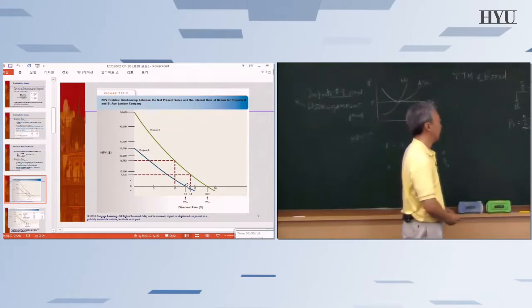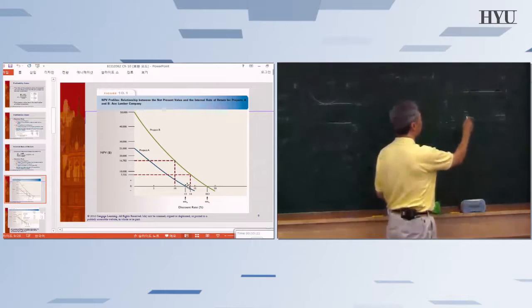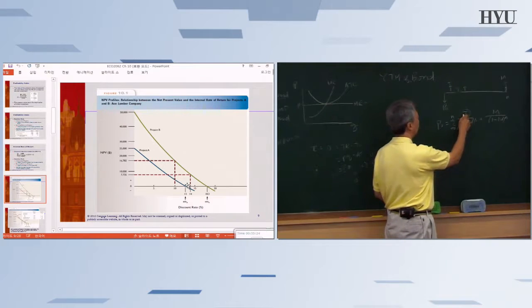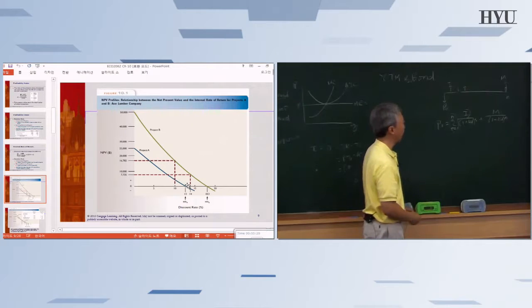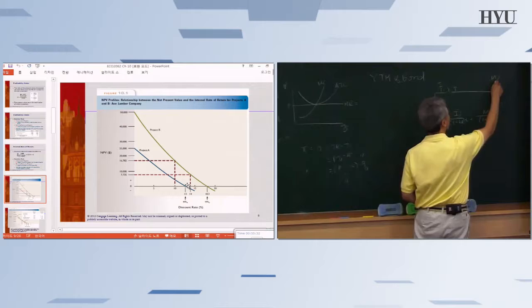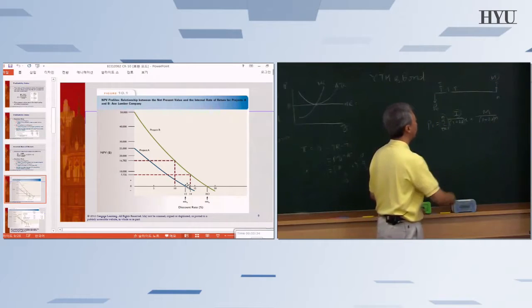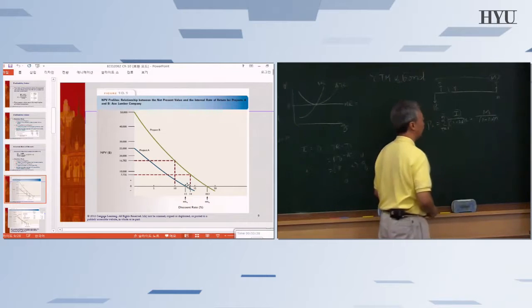So you discount all the future interest payments and make a summation. That's the present value of the future cash stream, right? And then there's a one-time lump sum payment, and you discount it for N years, N periods, right?